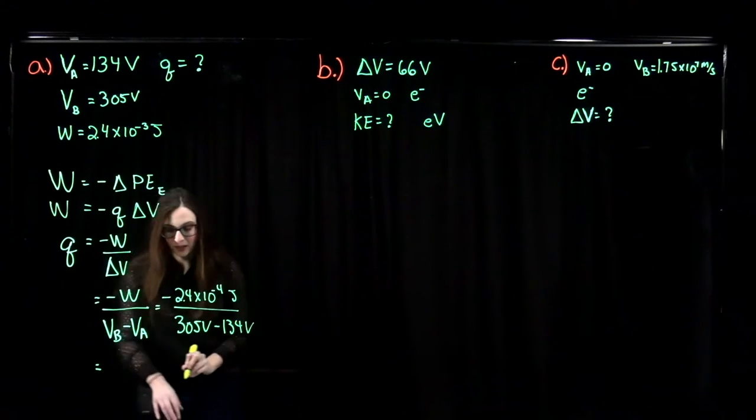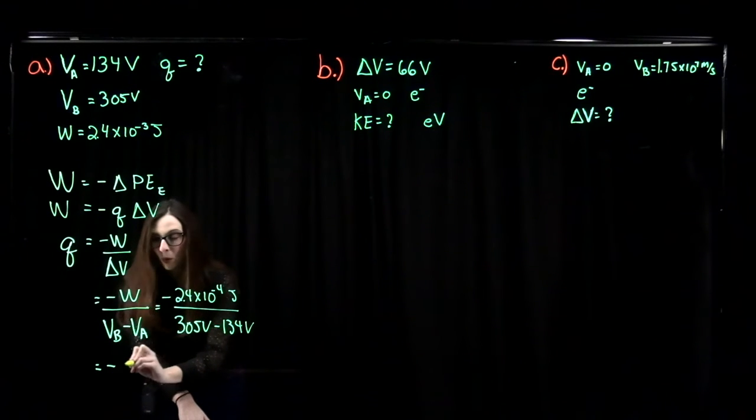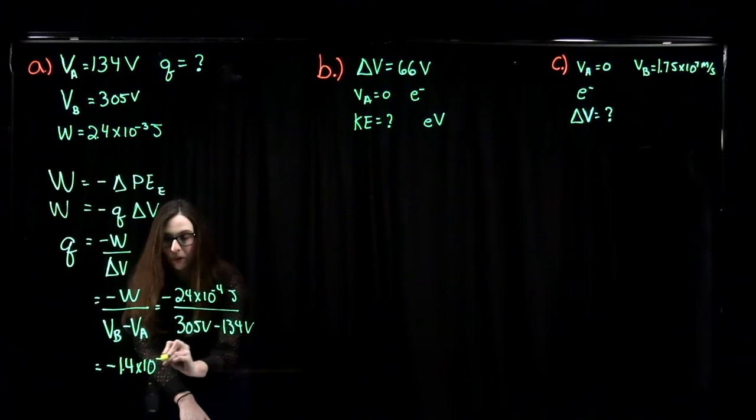And that gives us a charge of minus 1.4 times 10 to the minus 5 coulombs.